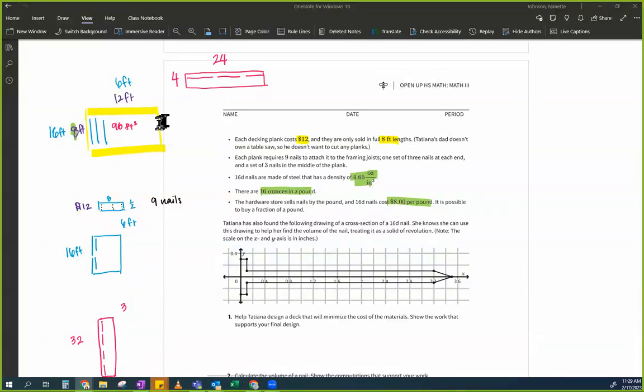Does the design that I pick, is it going to be cheaper or more expensive for the planks? Not counting the nails. Ignore nails for now. Or is it all going to be the same? Does the design, either 4 by 24, 8 by 12, 16 by 6, or 32 by 3, are they all going to have the same number of planks?